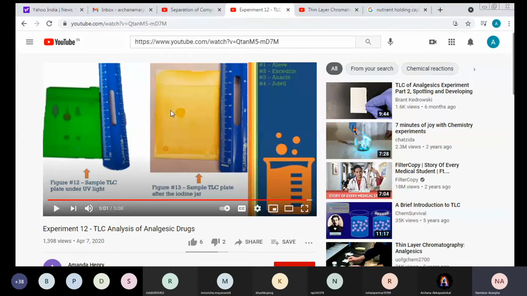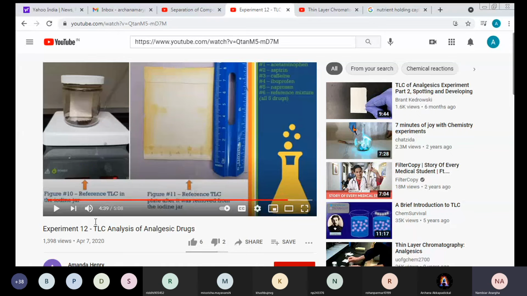It is an iodine chamber. You have seen the iodine. Let us go back a few seconds in this video where the iodine jar is shown. Yes, see, in this way we also have an iodine chamber in our lab, a similar pattern, but this is a jar, a bottle type.